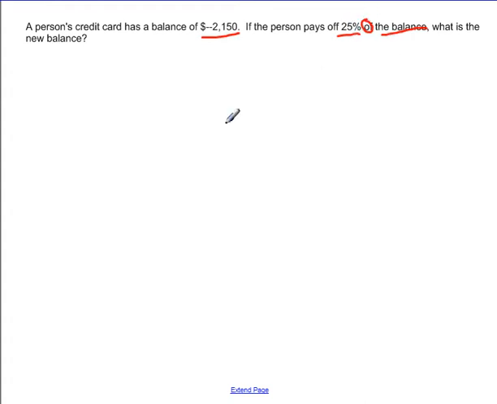So remember how we do this. If we want to find 25% of negative $2,150, we want to change the percentage number to a decimal. So move that decimal point 2 places to the left to give us 0.25.